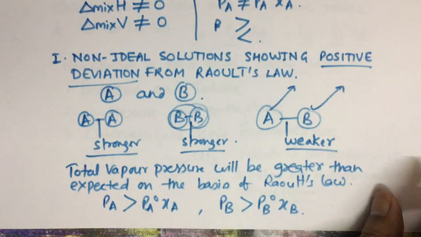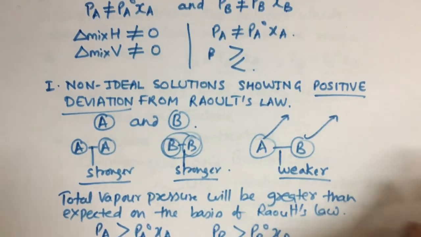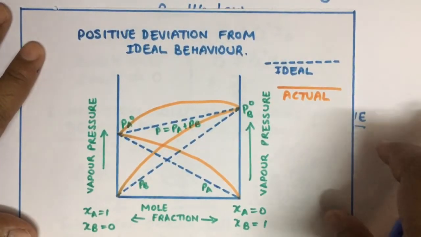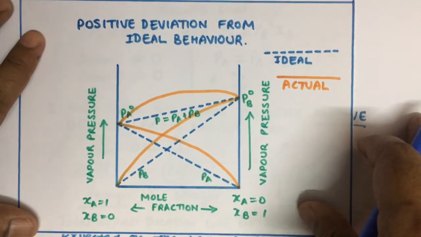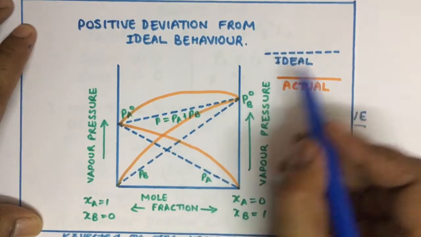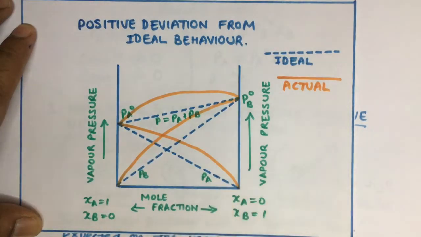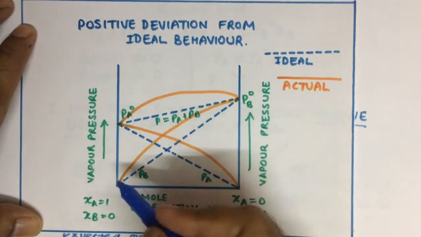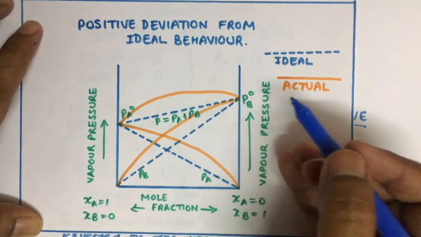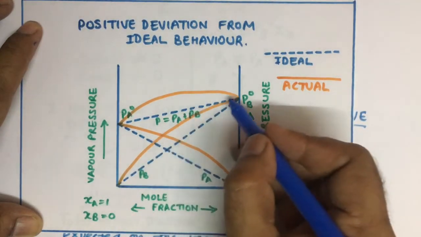Now let us understand this with the help of diagram. Now this is the graph of a solution showing positive deviation from Raoult's law. The dotted line is indicated by the ideal behavior. Now when the two components are mixed, what happens? Their vapor pressure is greater than the expected. So this is the actual behavior.